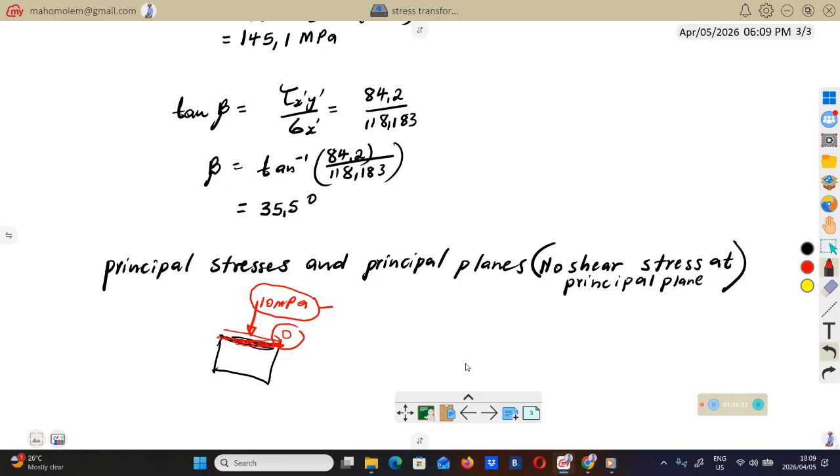So in our case, as this element gets rotated, there will be a certain point where the shear stress will be 0.